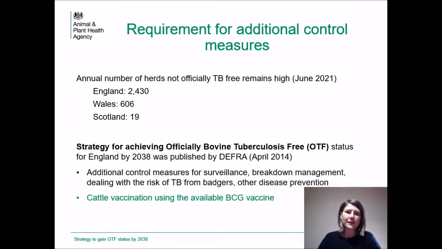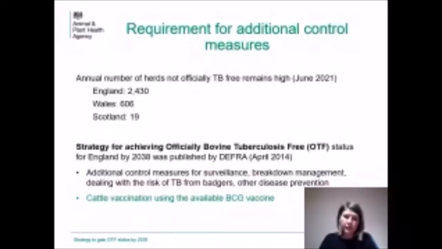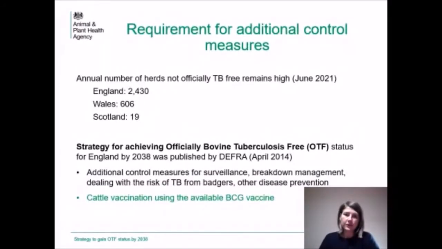There they list additional control measures for surveillance, breakdown management of infected herds, ways to deal with the risk of TB from badgers, and other disease preventions. But very importantly, they also mentioned cattle vaccination using the currently available BCG vaccine as one of the tools to decrease the burden of disease in the UK.